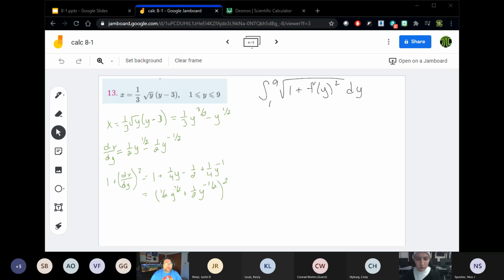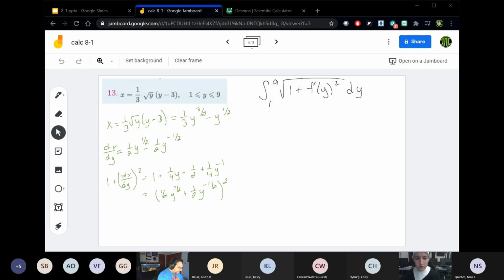Put the 1 and the negative 1/2 together, you end up getting 1/4 y plus 1/2 plus 1/4 y to the negative first, which then actually factors down to be a perfect square. So it's 1/2 y to the 1/2 plus 1/2 y to the negative 1/2, squared. So when we plug it into the square root, it gets rid of that.